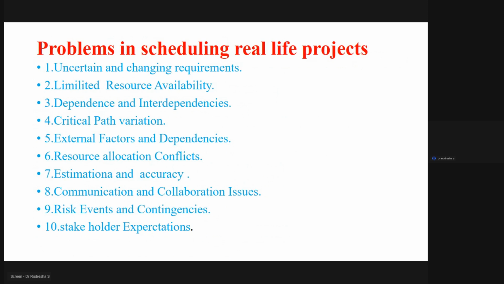Problems in scheduling real-life projects: uncertain and changing requirements, limited resource availability, dependencies and interdependencies, critical path variation, external factor dependencies, resource allocation conflicts, estimation accuracy, communication and collaboration issues, risk events and contingencies, stakeholder expectations.